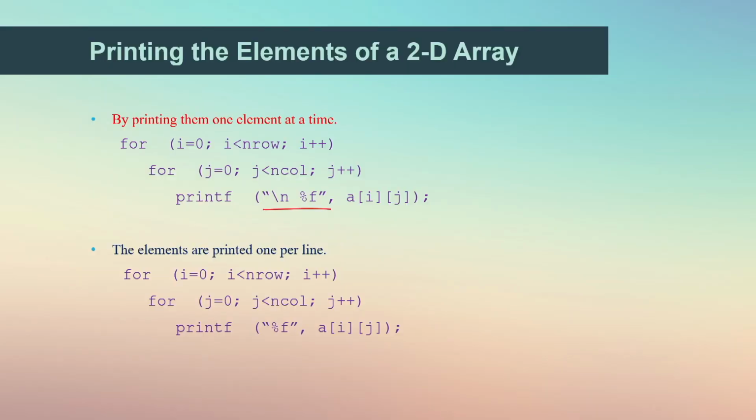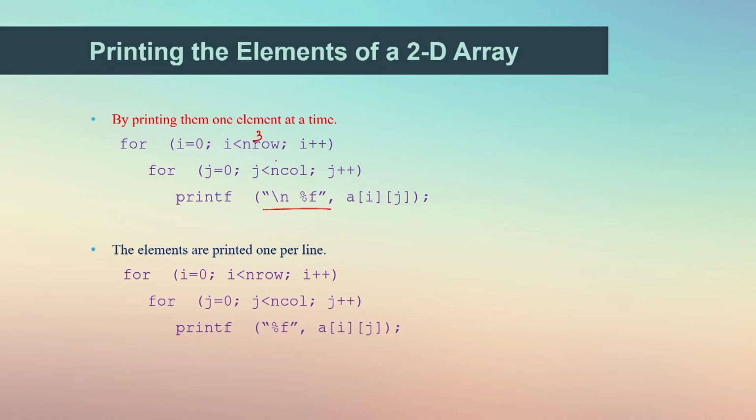If we want it to be displayed as a perfect table display, here we can go with introducing a \n, which will give a new line after completing the column entry. Say for example, in this case if n row is going to be 3 and n column is going to be 5, let me assume that I am going to enter the values in order of the natural numbers starting from 1 to n.